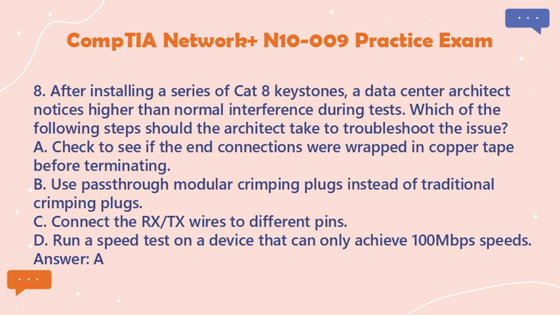B. Use pass-through modular crimping plugs instead of traditional crimping plugs. C. Connect the RX, TX wires to different pins. D. Run a speed test on a device that can only achieve 100 megabits per second speeds. Answer: A.